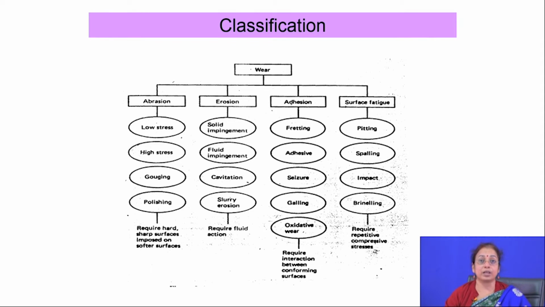Wear modes, in summary, can be divided into 4 different categories: abrasive wear, adhesive wear, erosive wear, and surface fatigue. Each category has its own characteristics, and several subcategories are also there under each.